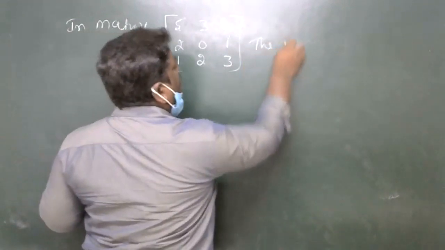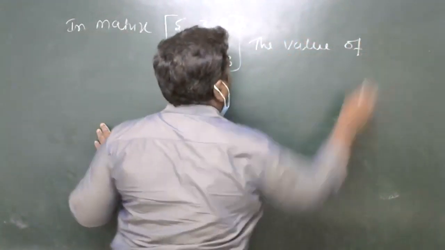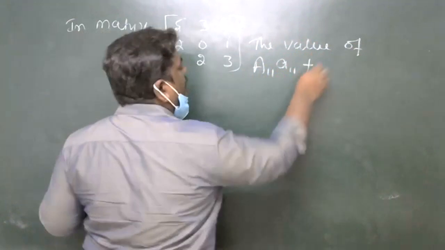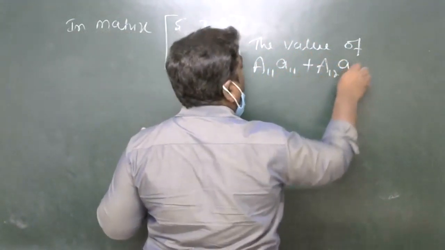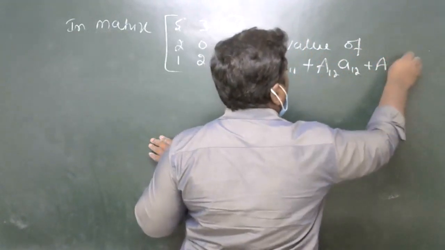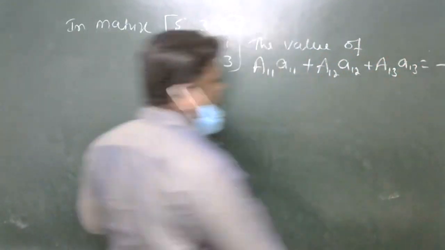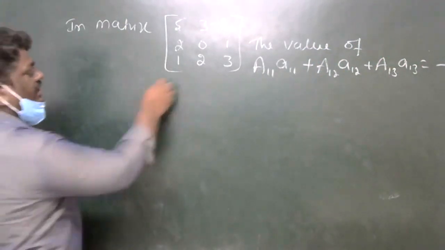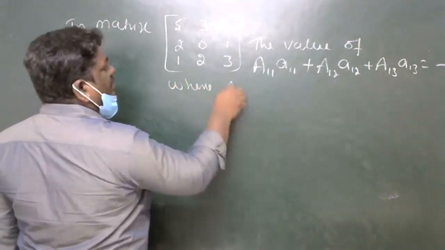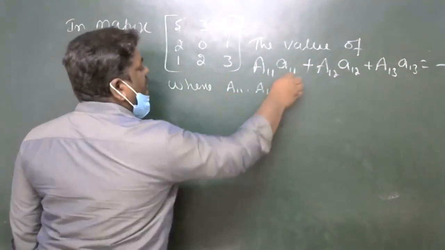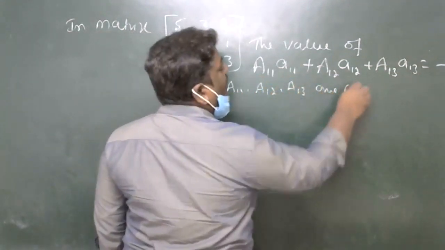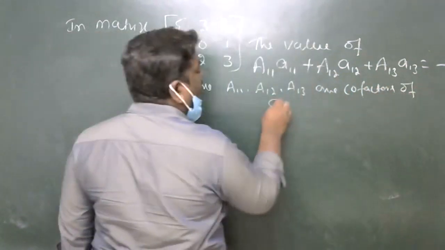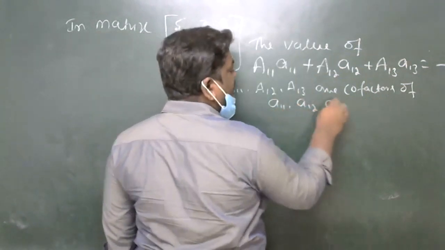The value of a11 A11 plus a12 A12 plus a13 A13 is equal to dash, where A11, A12, A13 are cofactors of a11, a12 and a13.